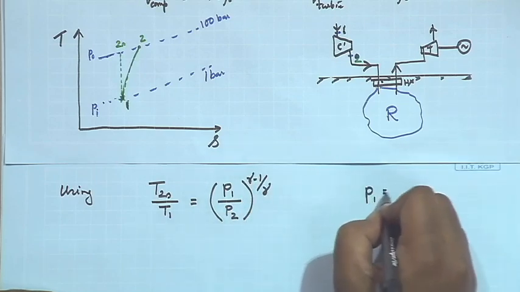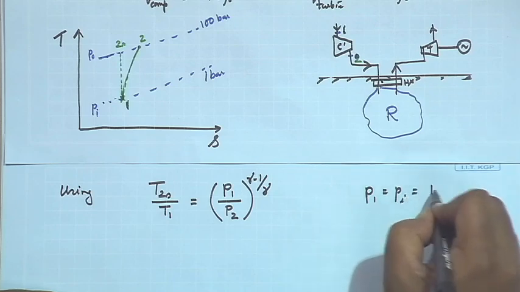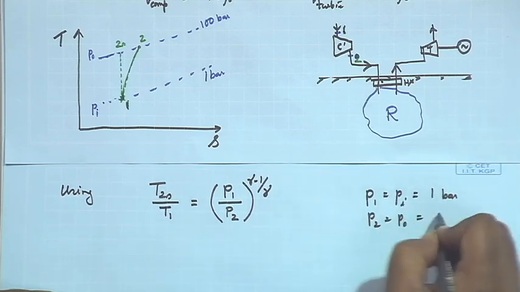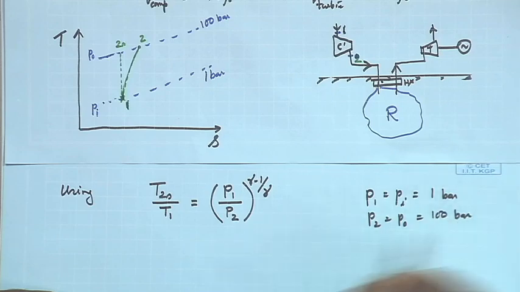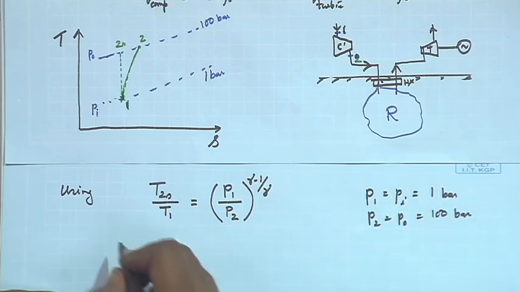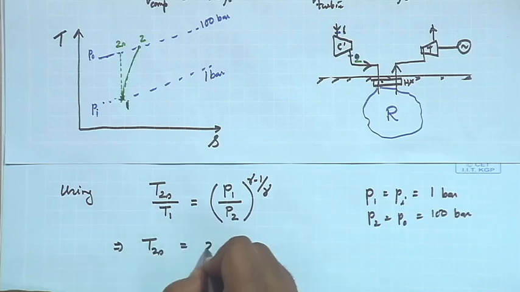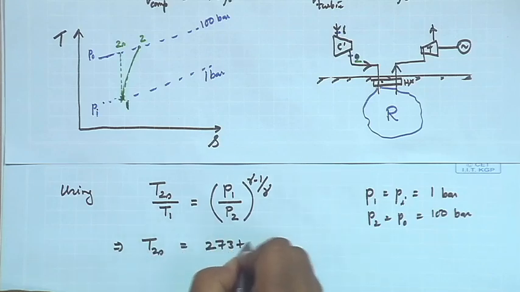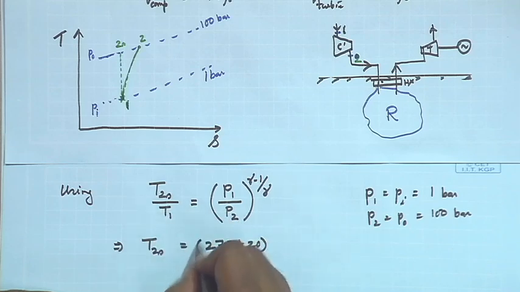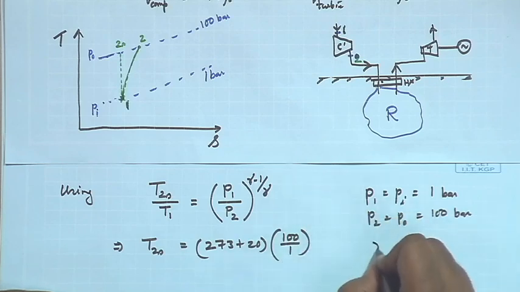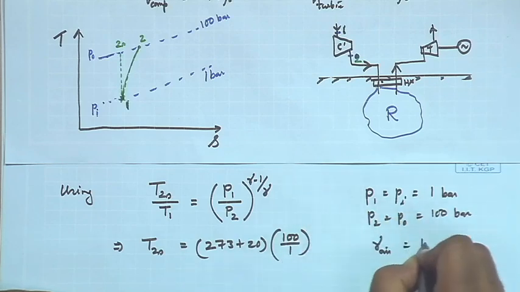P1 is equal to Pi is equal to 1 bar, P2 is equal to P outlet is equal to 100 bar. So, therefore, this gives, I will quickly just go through 273 plus 20, remember these are absolute temperatures, times 100 over 1, and for air, gamma for air we know is 1.4.